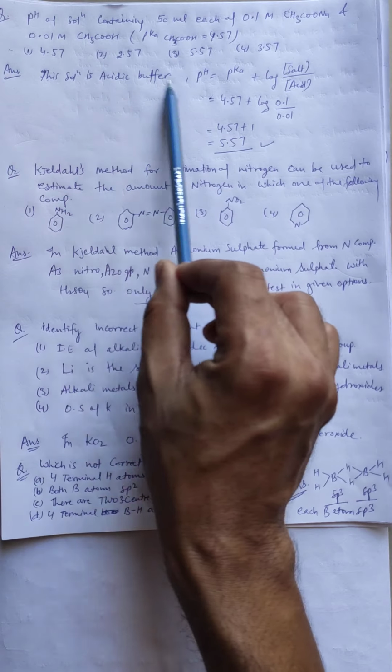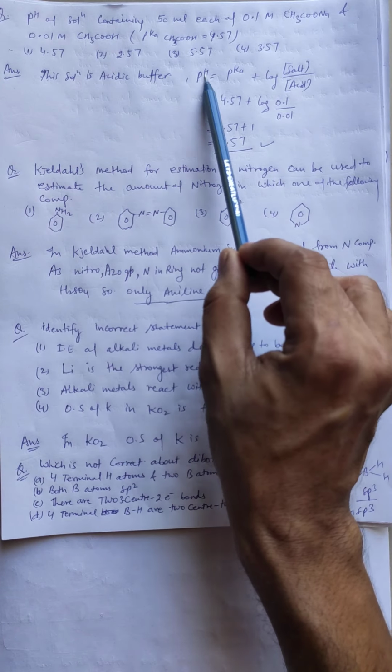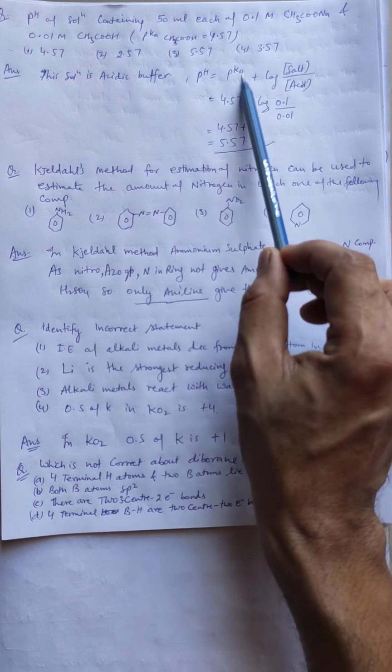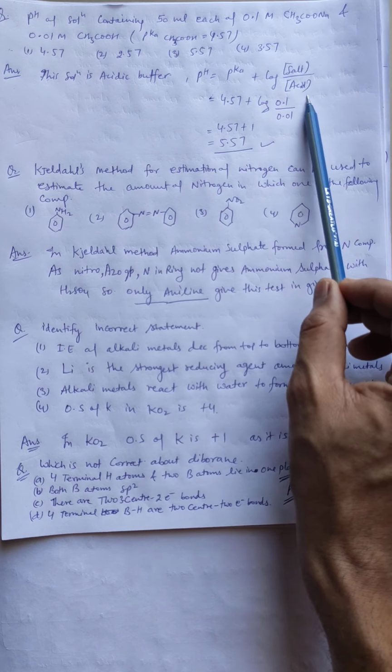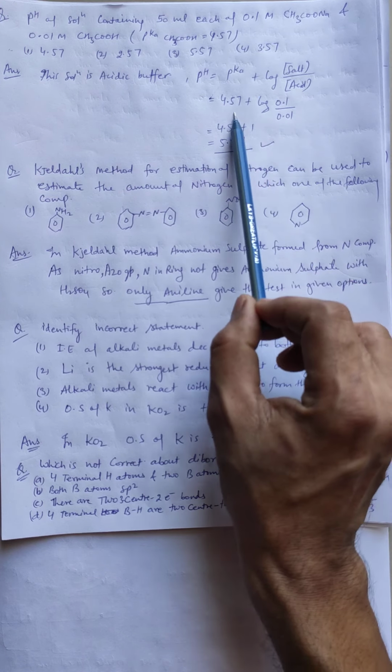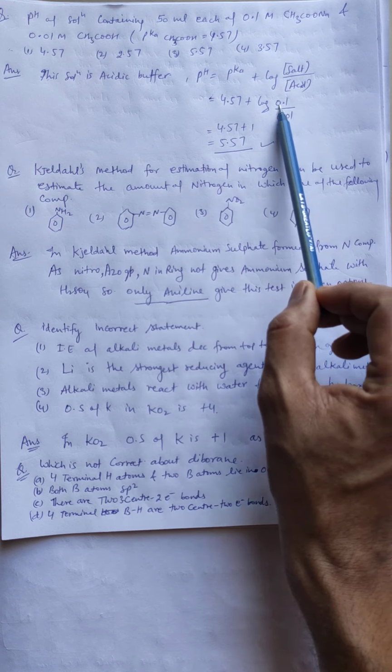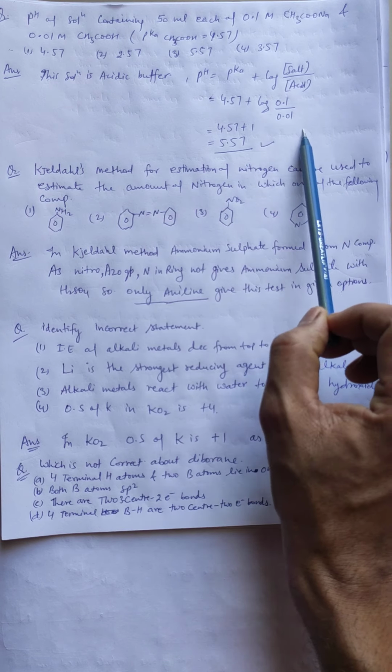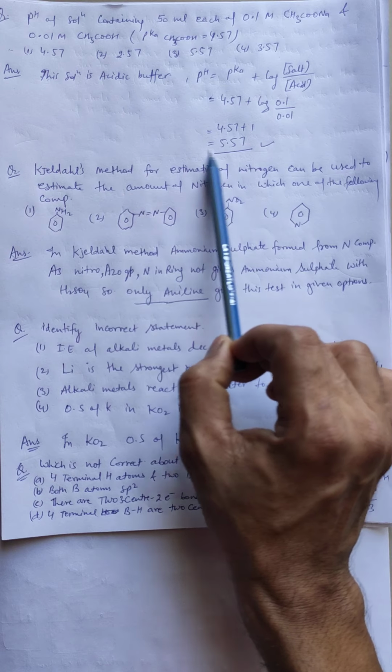So pH of acidic buffer is equal to pKa plus log of salt concentration upon acid concentration. So pKa given 4.57, log of salt concentration 0.1 upon acid concentration 0.01, so it will be 5.57.